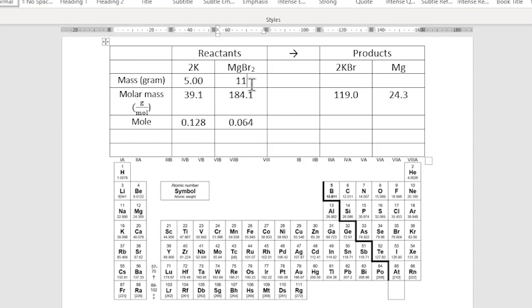And we only need 3 significant figures. It will be 11.8. My calculator would say 11.78, but we're just going to put 11.8 grams. And that's the amount of magnesium bromide that's required to react with the 5 grams of potassium.